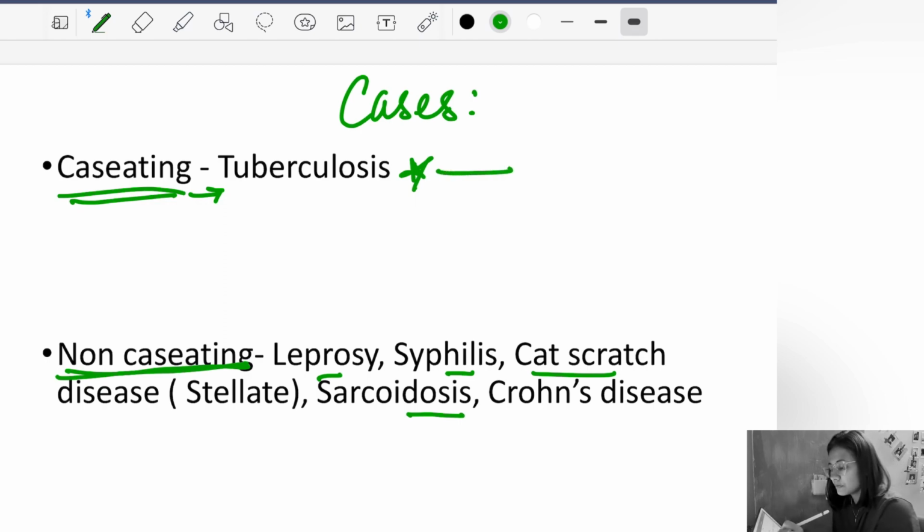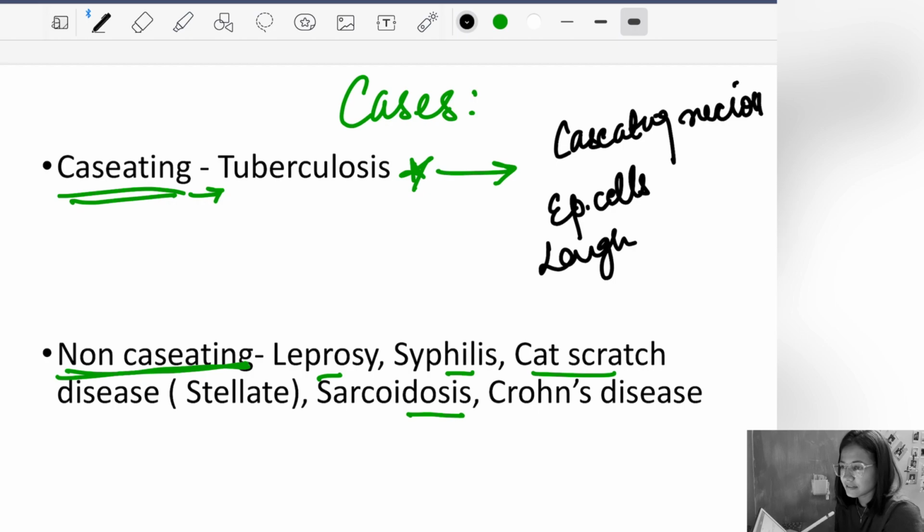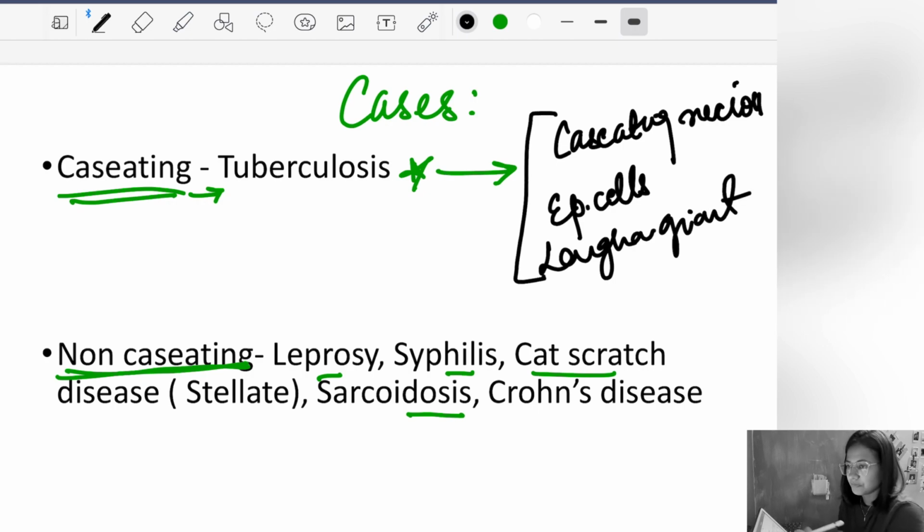So in tuberculosis, what do you see? You see caseating granuloma with caseating necrosis in the center. Then we have epithelioid cells, Langhans giant cells. So this is what they form. In leprosy, we have non-caseating granulomas with acid-fast bacilli.